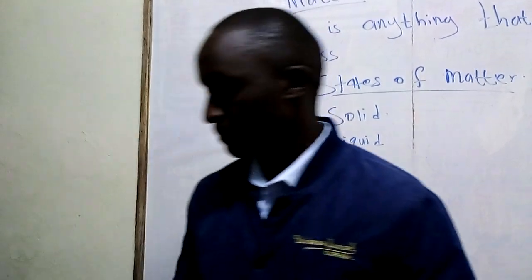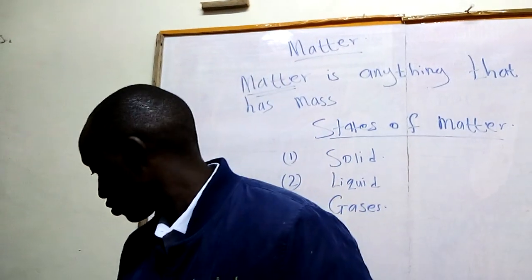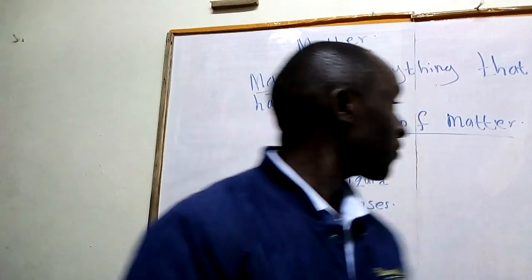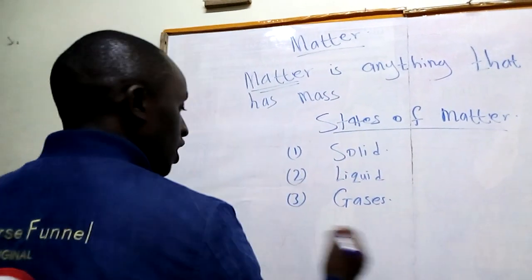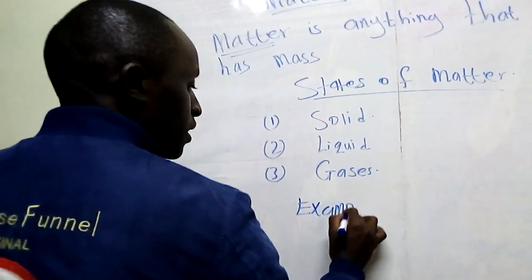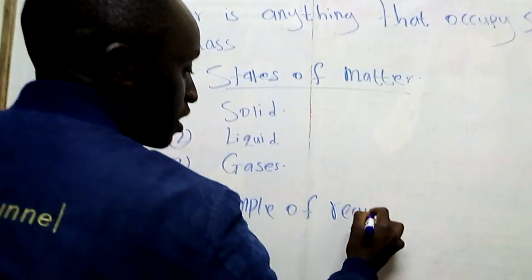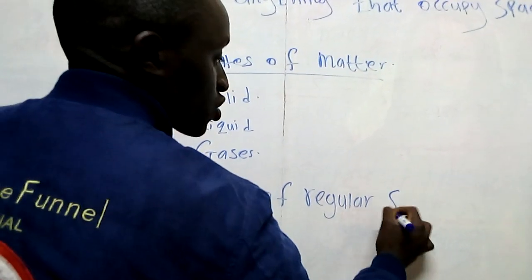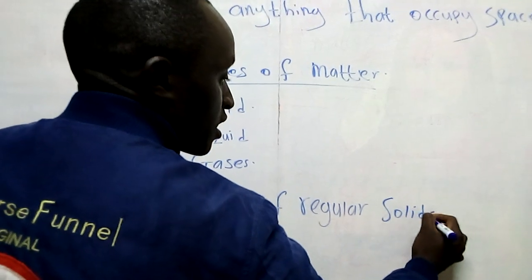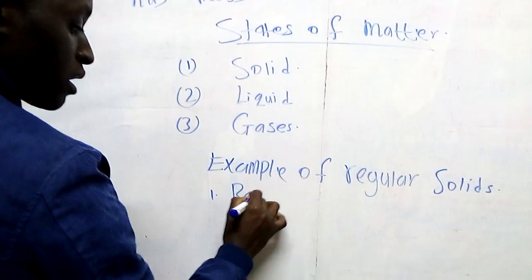Talk of this one, a tape measure. It has an irregular shape. So many things. We can talk of sand. Therefore, when it comes to solids, we can give examples of regular solids. One, a bar soap.